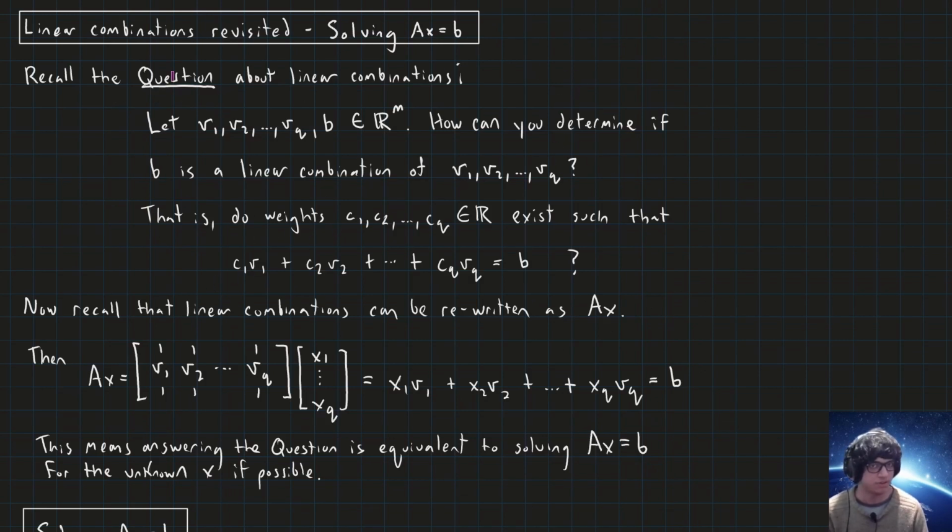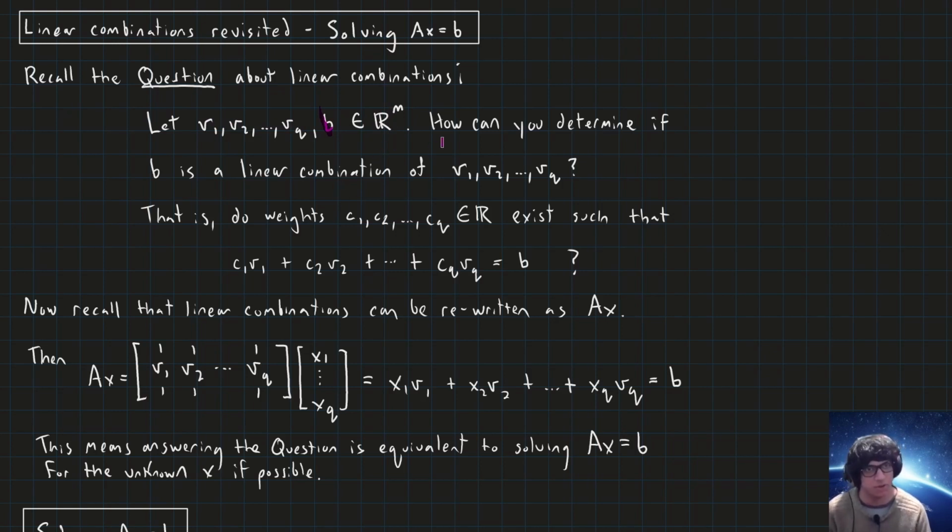So let's revisit this question about linear combinations we had. Recall, let's say we have v1 through vq and some b all inside R^m.